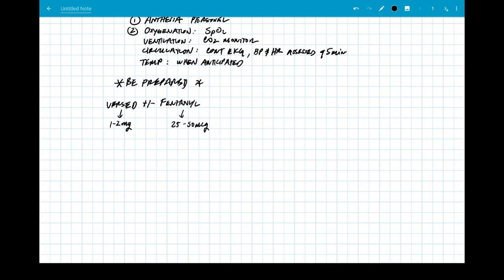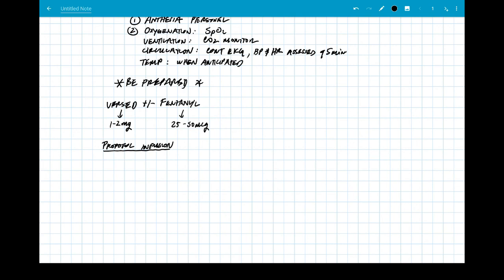Other ways you can do that is by a propofol infusion. If you read the package insert of the propofol, you can get an idea of the best way to perform this.